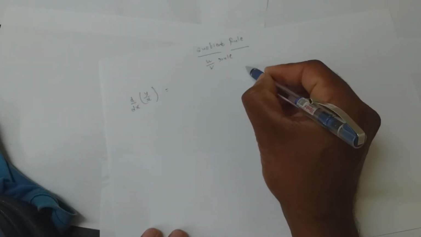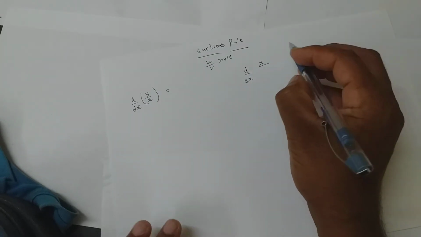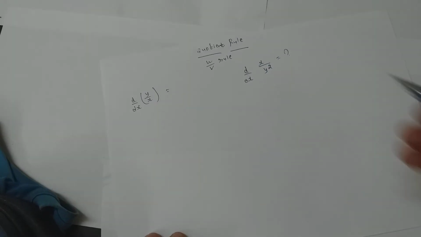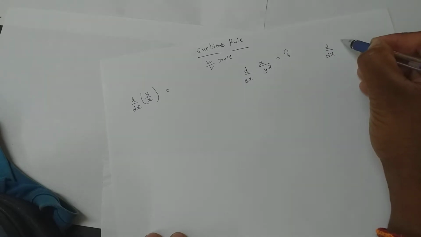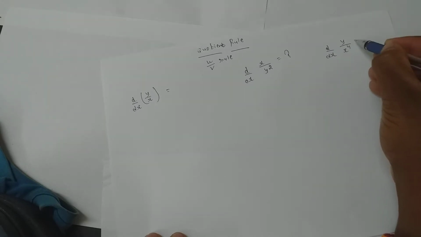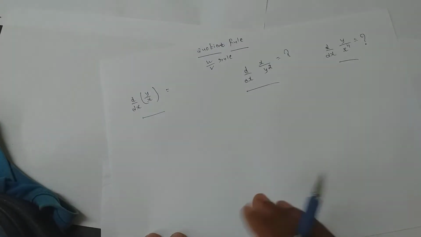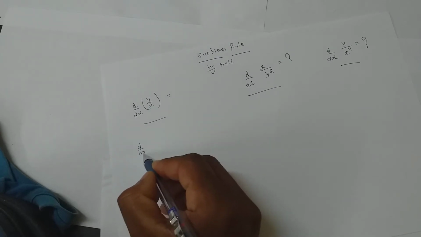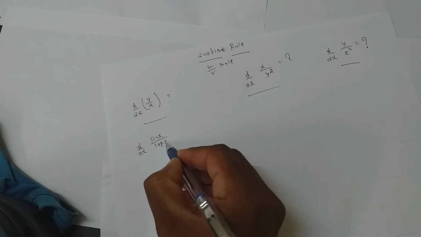Or in another example, x by y square, how will you differentiate in this case? Or d by dx of y by x power 4, how can all this be differentiated? Or d by dx of sin x by log x.